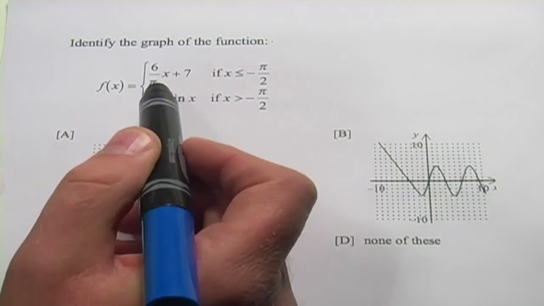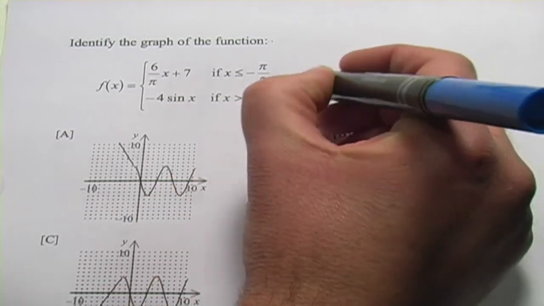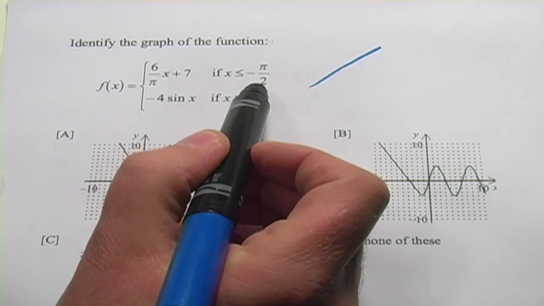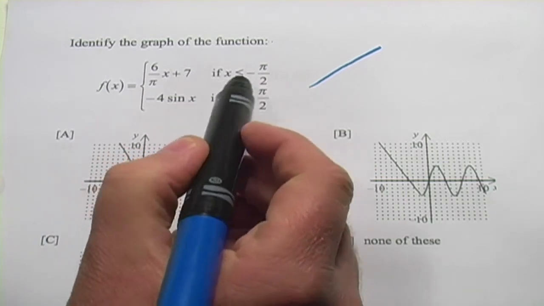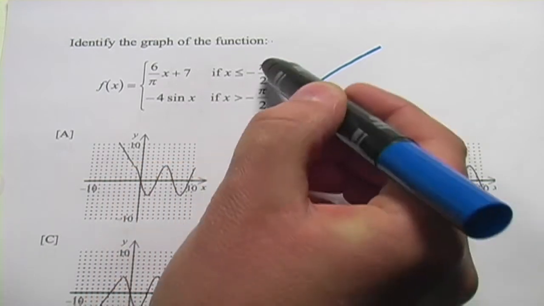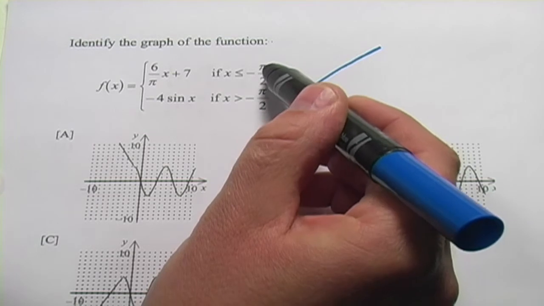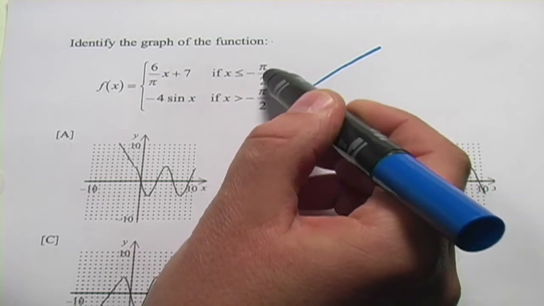6 divided by 3.14 is going to be a little bit less than 2. So it's an upward sloping line like that. And that should be on the left half of the graph, where x is less than or equal to negative pi over 2. If you want to convert pi over 2 in your head, well, pi is a little over 3, so this is very close to 1.5.